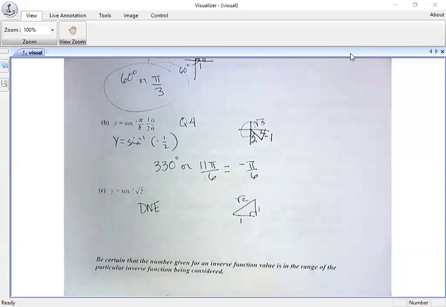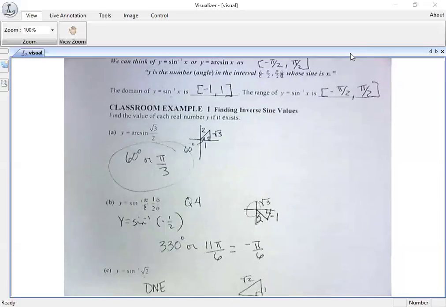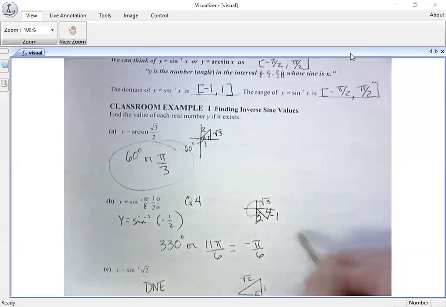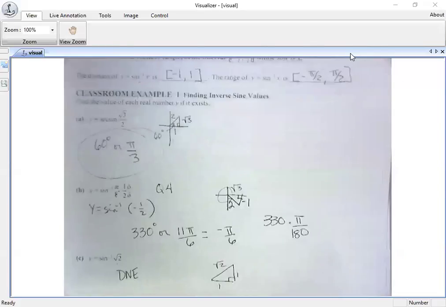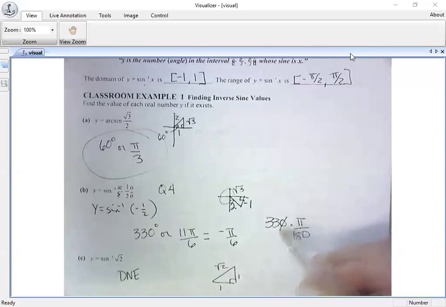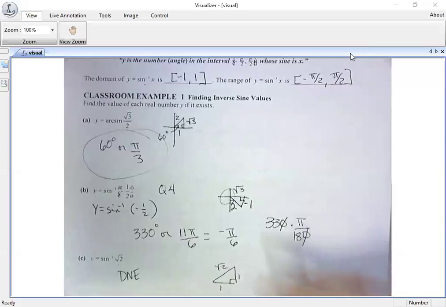Yes? Okay, if you took 330 and you multiplied it times pi over 180, okay? So I know my zeros could cancel. I noticed that what's going to be common factor looks like 3.